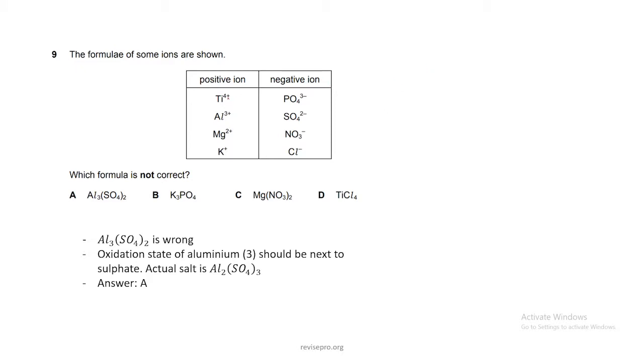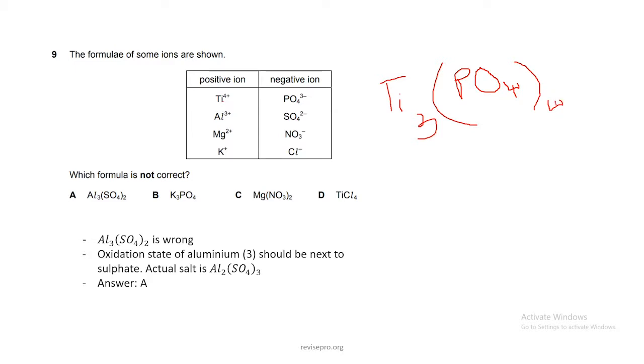So if I were to make a salt between titanium and phosphate, the salt that will be produced will have this coefficient 3 next to titanium because that's the charge of phosphate, and the coefficient of phosphate will be the charge of titanium.